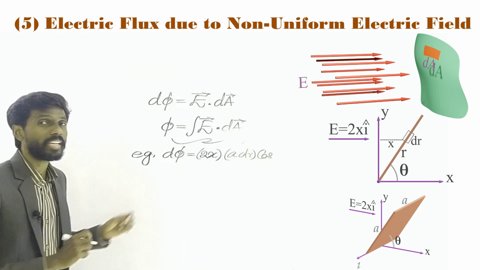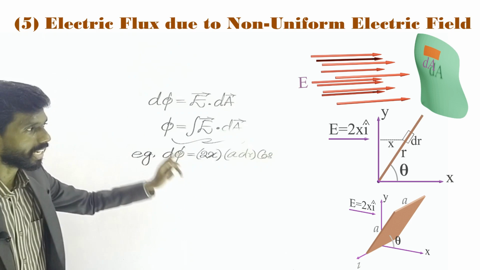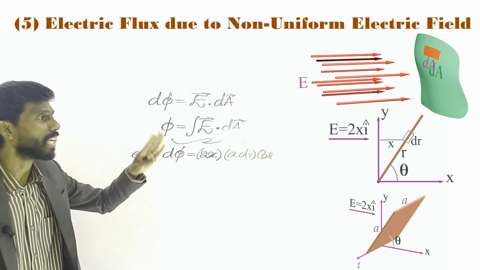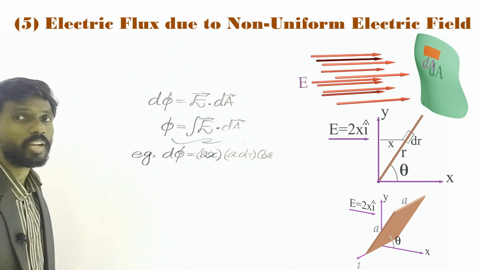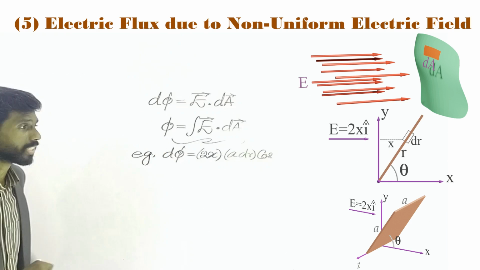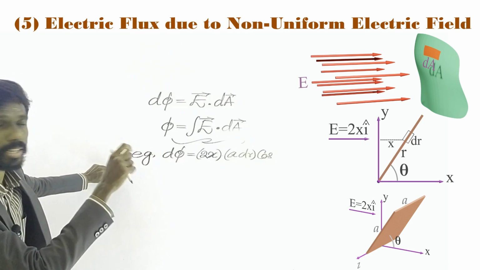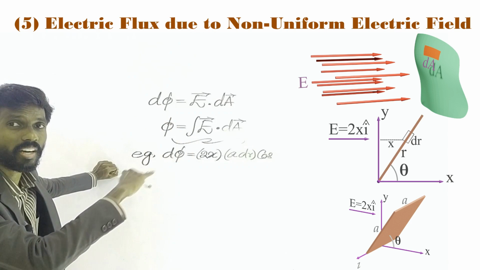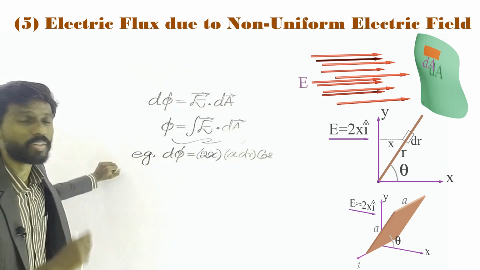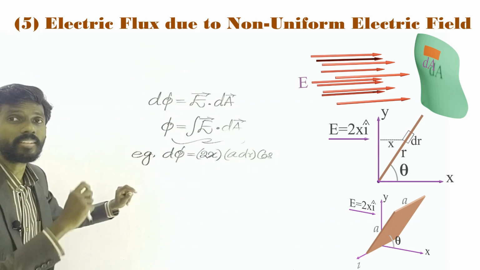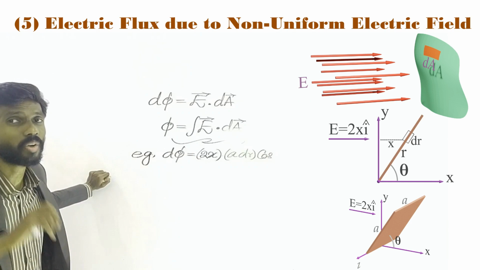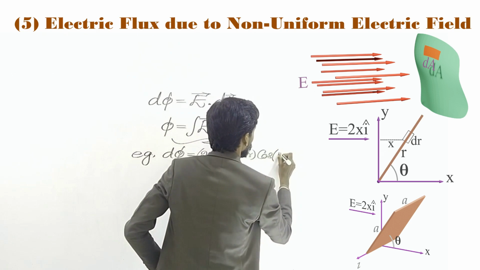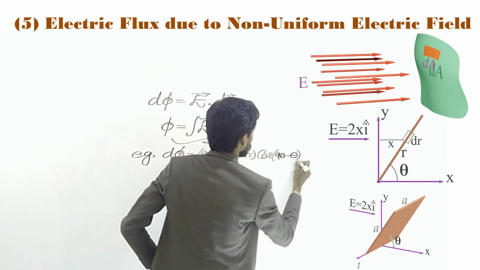What is that angle? It is not theta. Theta is the angle made by the plane with the horizontal. So the angle made by the plane with the vertical is 90 minus theta. That means the normal vector to the plane makes angle 90 minus theta with the horizontal. So the angle between the area vector and the electric field line is not theta, it is 90 minus theta. So this is cos of 90 minus theta.